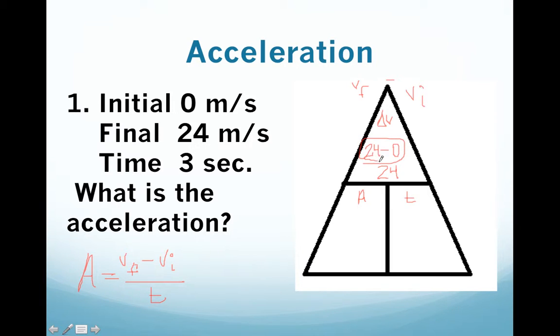You find the difference between the two velocities, or the two speeds, and you get 24. And all that occurred in 3 seconds. So I'm going to write 3 right here. To find how fast you moved, you take 24 divided by 3, and you get 8. Now the unit for acceleration is a meter per second, and we're going to square it.